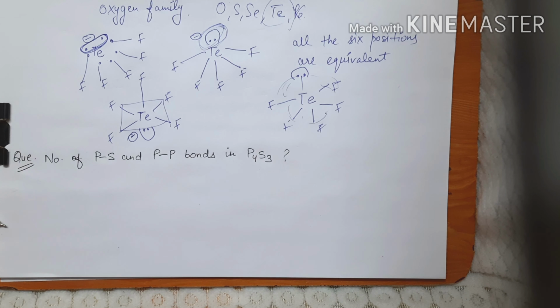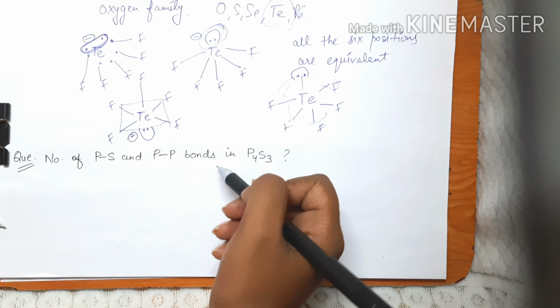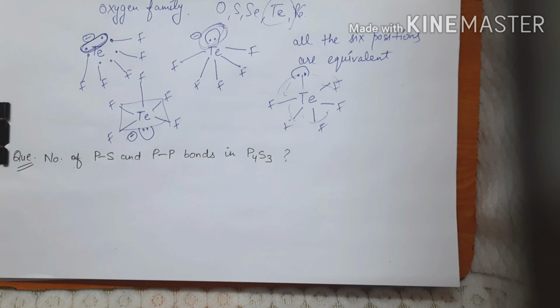In the next question they were asking about the number of PS and PP bonds in the molecule P4S3. For that you have to know the structure of the P4S3 molecule.